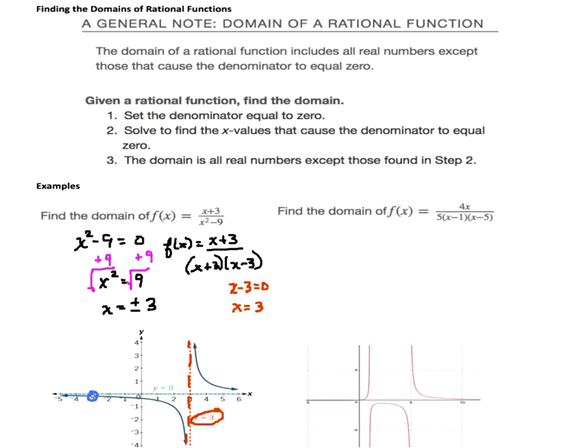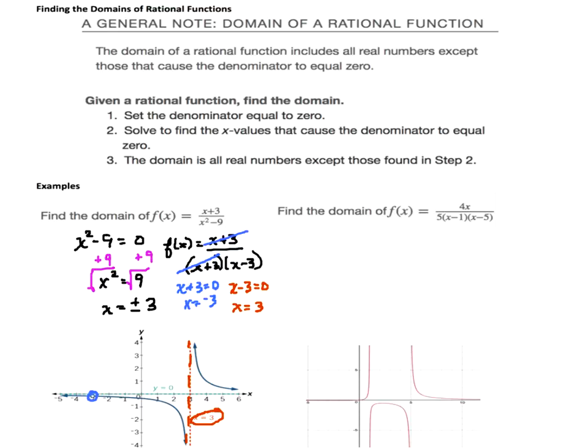So here's the difference in your restricted values from your domain creating vertical asymptotes or creating holes in your graph. I know I'm going to have a hole and not an asymptote when that factor that created the hole, x plus 3 equals 0, so x is -3, when the factor that created the hole could have been divided out with the numerator.